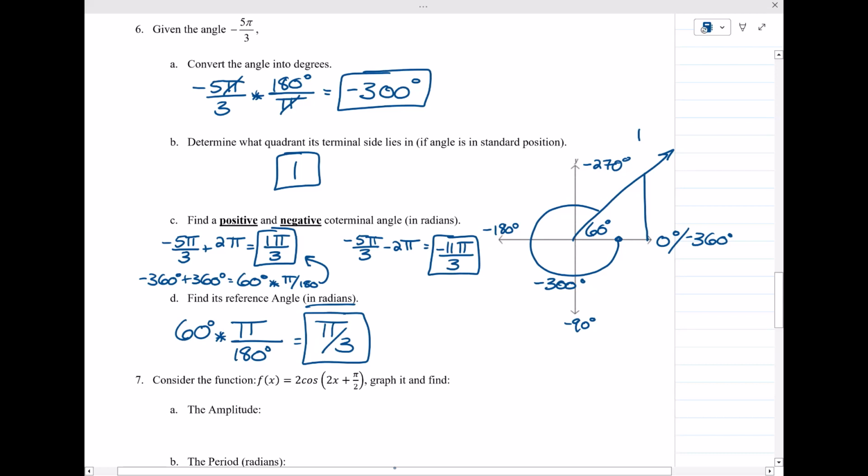Again, that would be the same thing as negative 300 minus 360 to get negative 660, and then times pi over 180. And that gives us that answer. The answer would be negative 11 pi over 3.